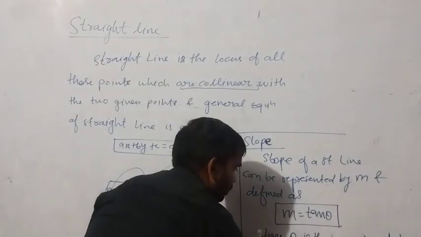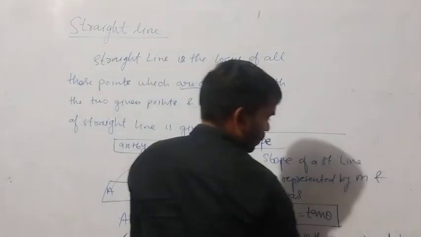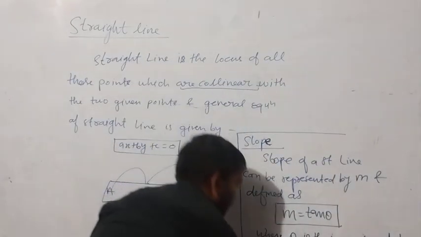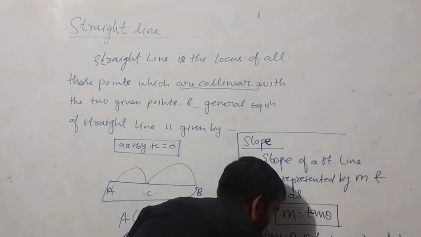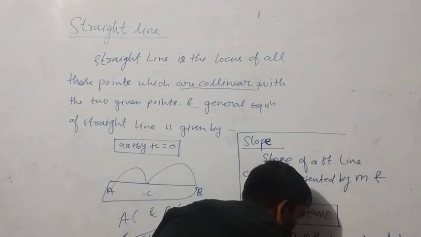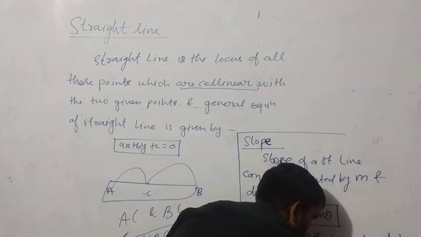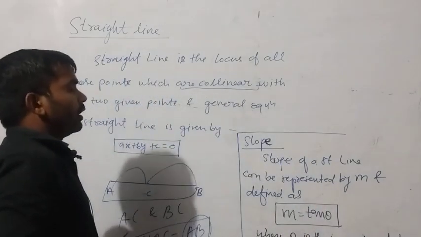Okay, so where theta is the positive angle made by the line with the positive x axis. Here is all about the slope.